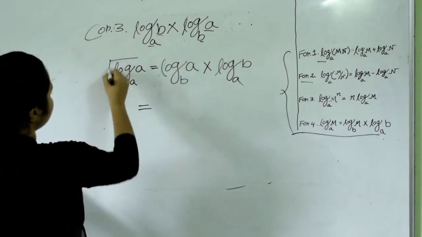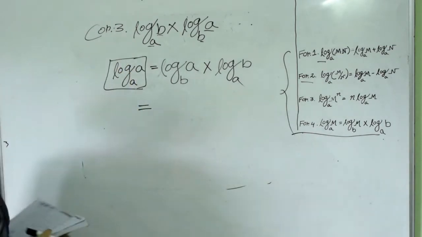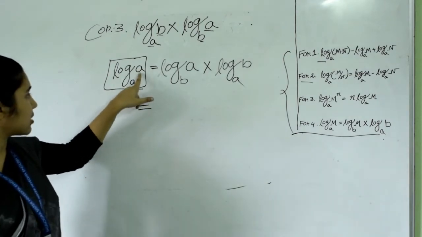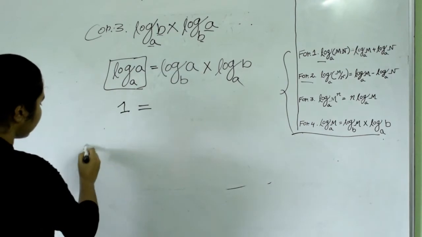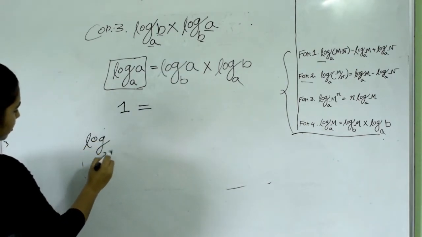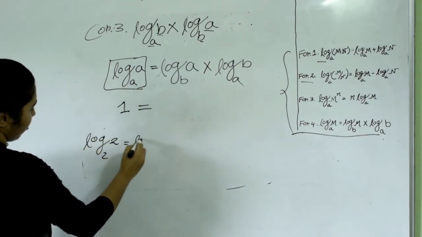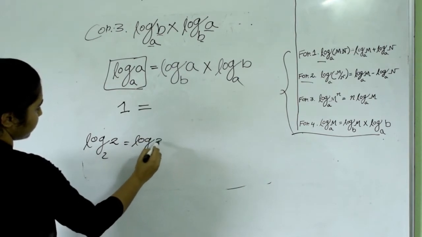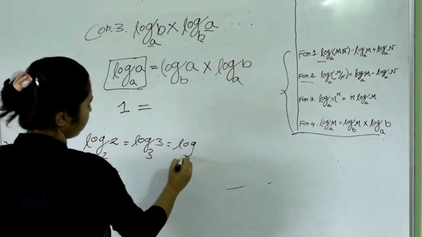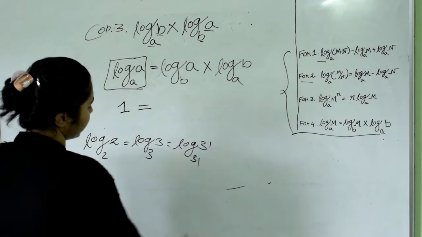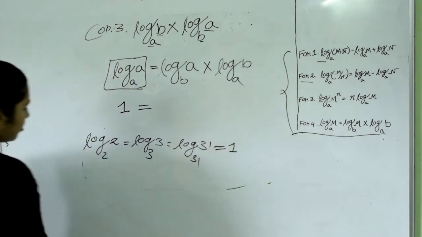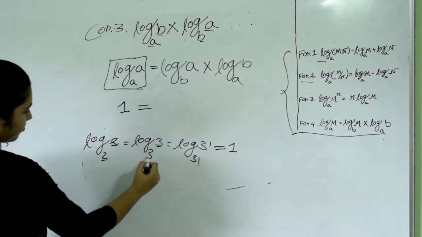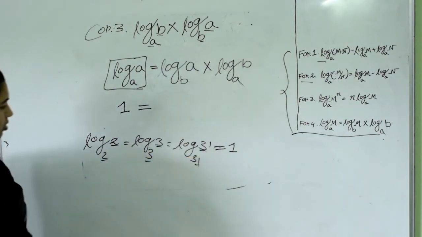Now we know the value of log with same base and same value will be 1. Log 3 of 3, or log 31 with base 31, the value will be nothing but 1 with same base and same value.